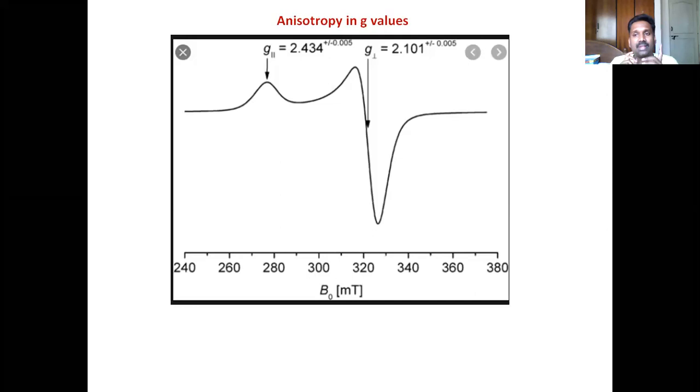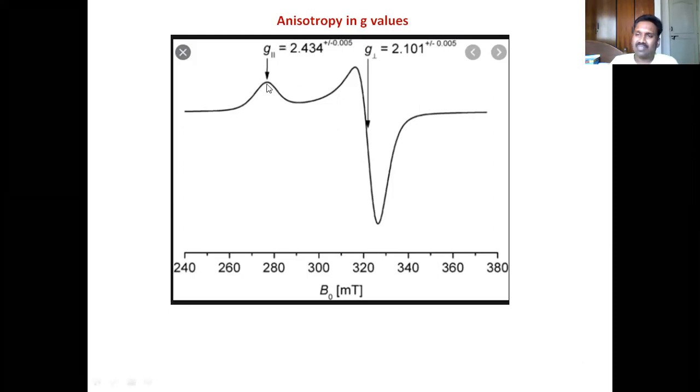Please note how to correlate the G value and the field. At low field, we will have higher G values. It is similar to your NMR. Chemical shift increases towards the left of the spectrum, where the field strength decreases, it's downfield. So higher chemical shifts are towards downfield. Similarly here, higher G is towards downfield.